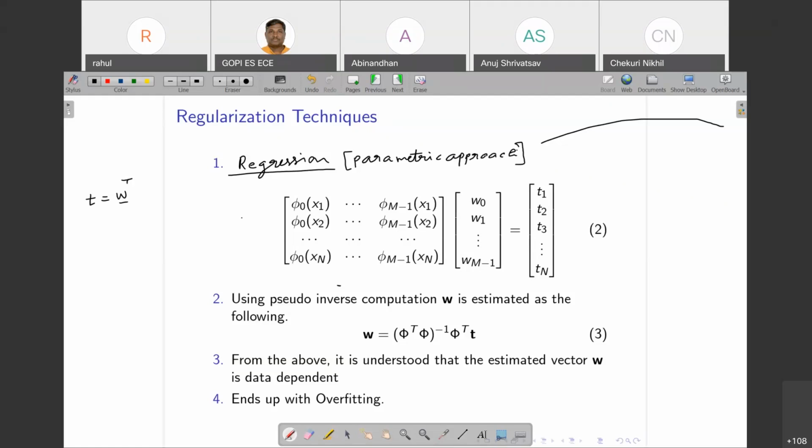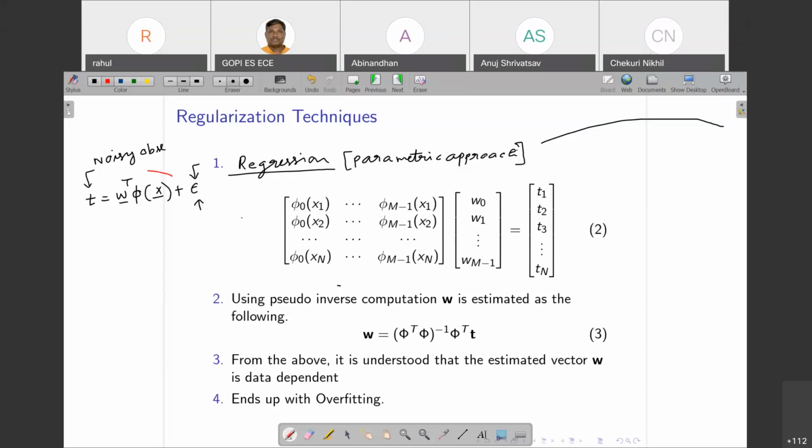The parametric approach involves a model like this: t = W transpose x plus epsilon. Epsilon is basically a random variable, which is the noisy observation. As this epsilon is random, your t is actually the noisy observation.